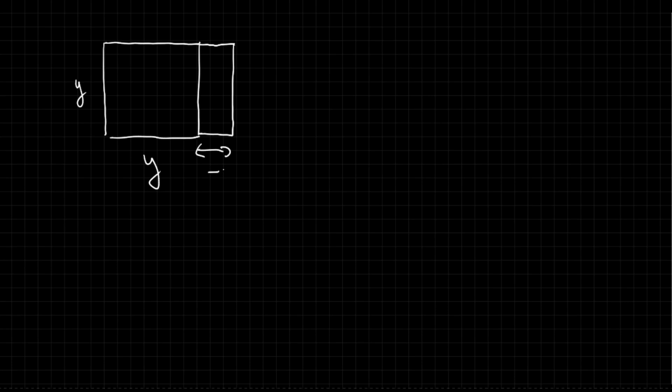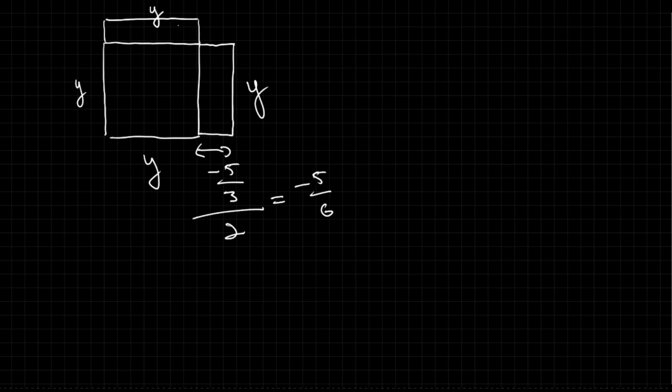So 1/2 of -5/3 is -5/3 divided by 2, which is -5/6. The other side is y. Then we have that other rectangle that we rotated and put up top. The top length here will be y, and this other length will be -5/6. And the area of this still has to be equal to +2/3.